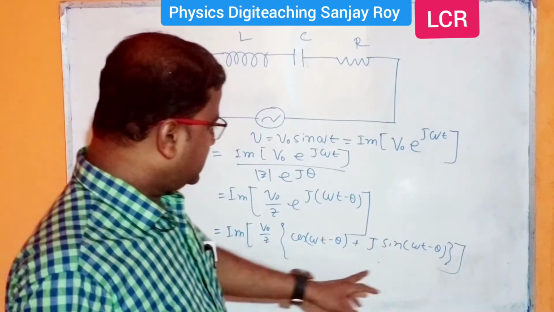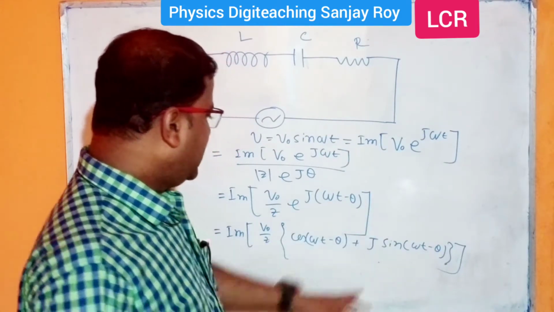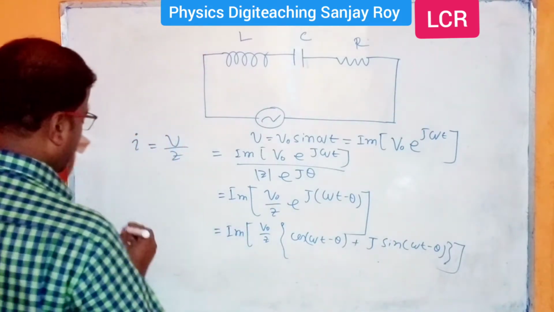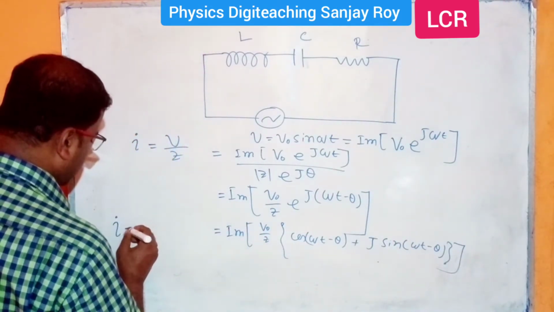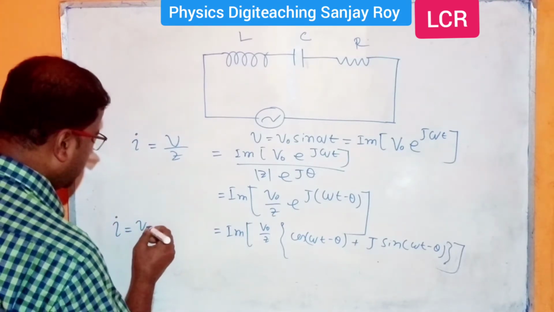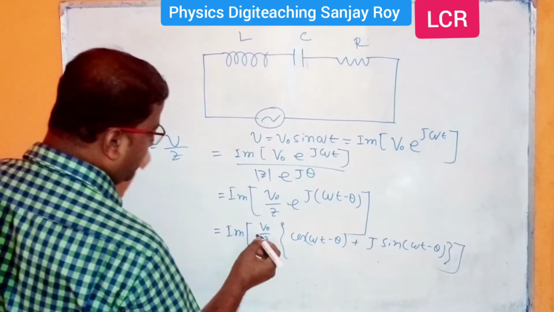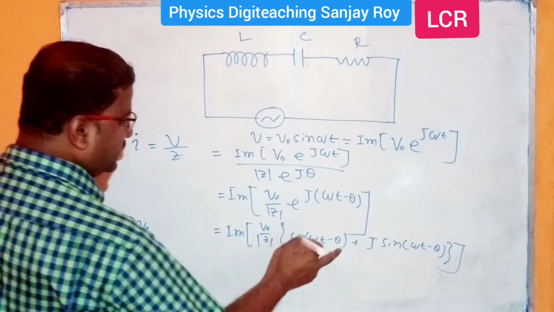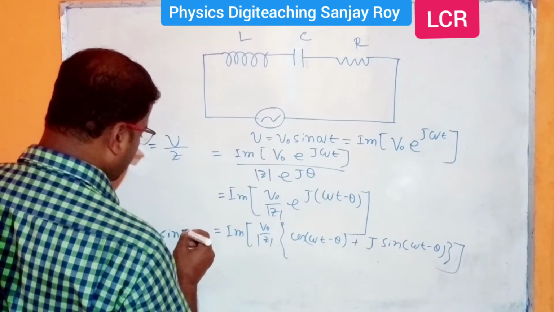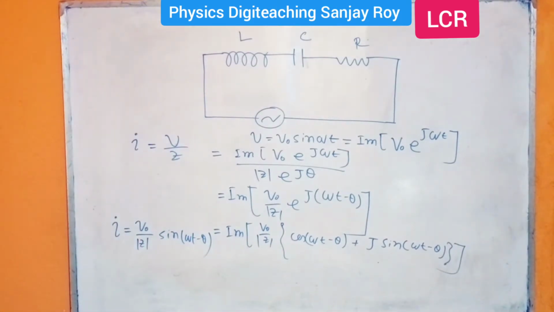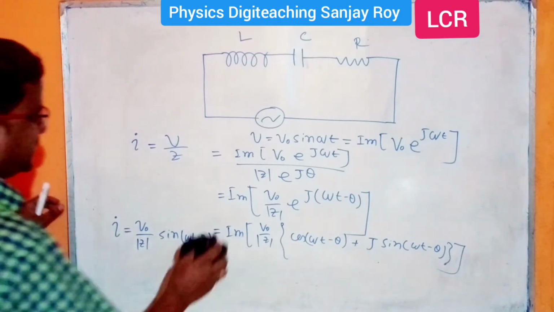So we see that the sine part is in the imaginary part. Therefore, we take only the imaginary part, and this gives our expected current I equal to V0 by mod Z into sin omega t minus theta. I equal to V0 by Z sin omega t minus theta.